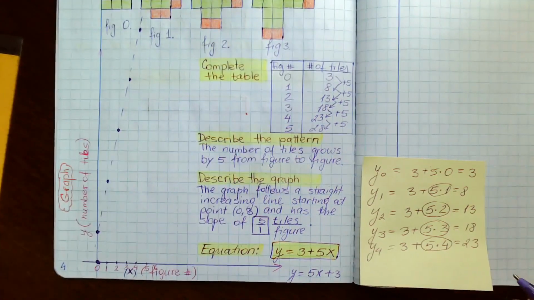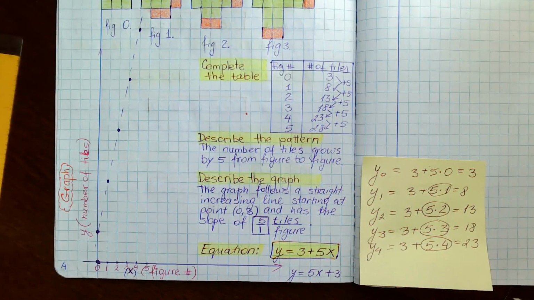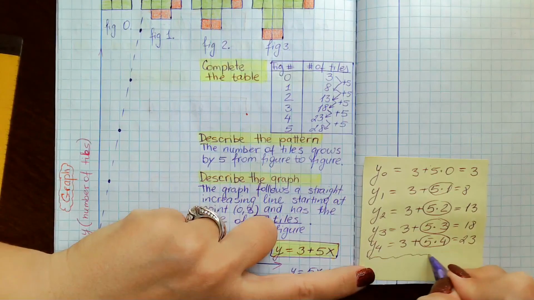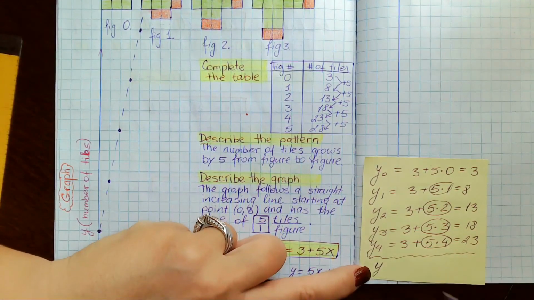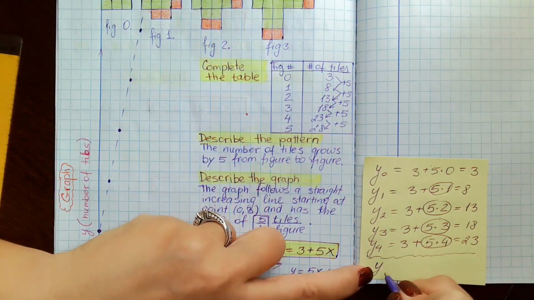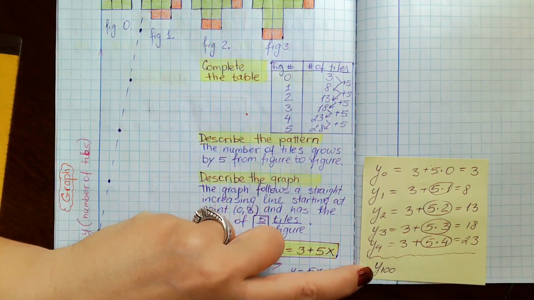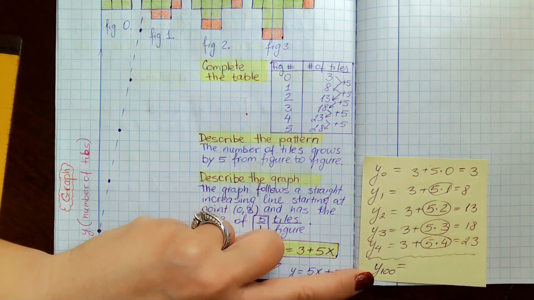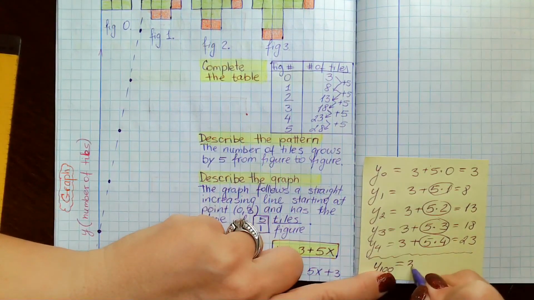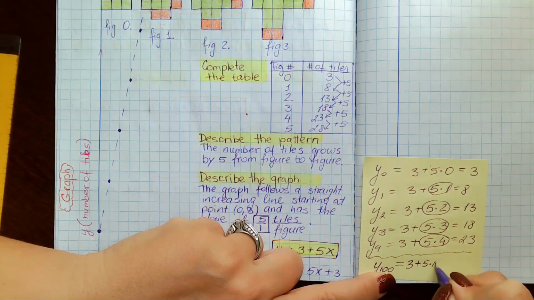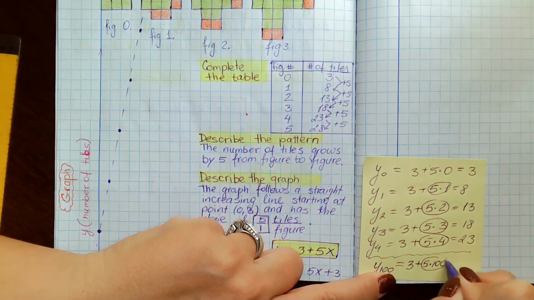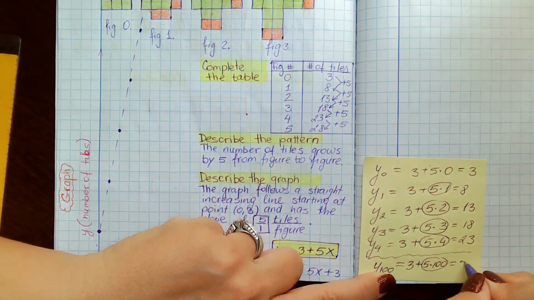So why do we need this? Because the question essentially can be, what if I ask you, how many tiles will be in figure 100? Then having that equation, you say, okay, that is going to be 3 plus 5 times 100, which is 500 plus 3, 503.